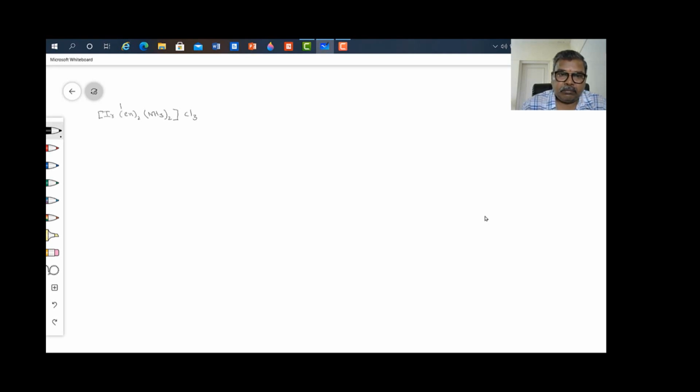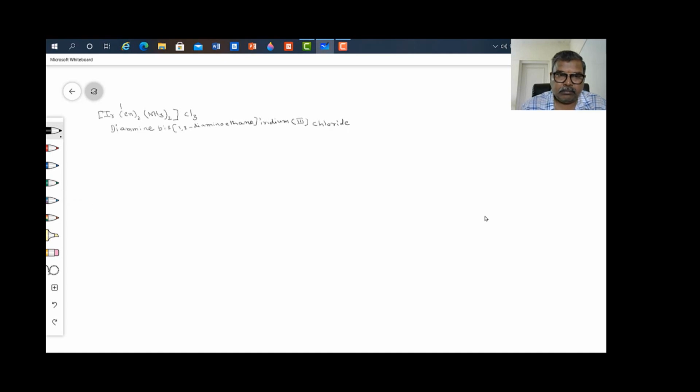So it is diamine, bis(1,2-diaminoethane), iridium(III), because its oxidation state is 3, and chloride. So this is the IUPAC name of the complex.